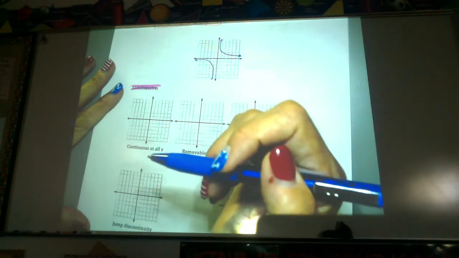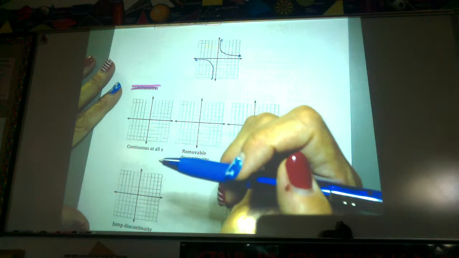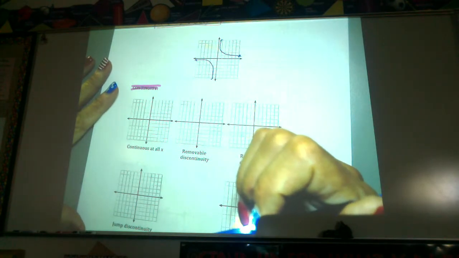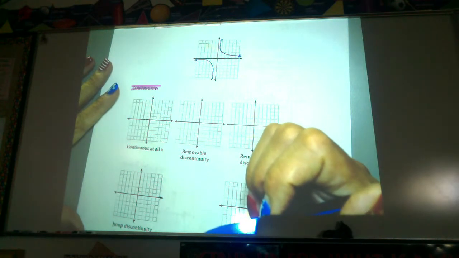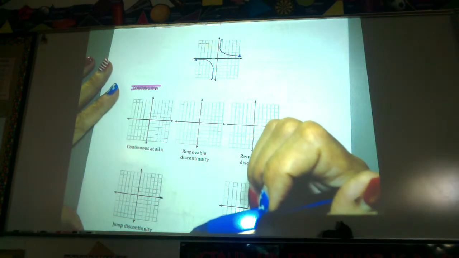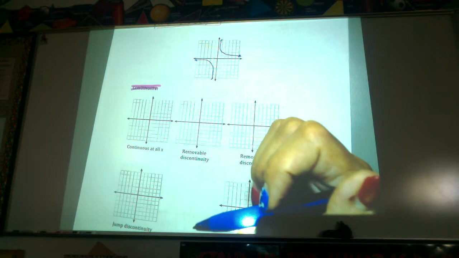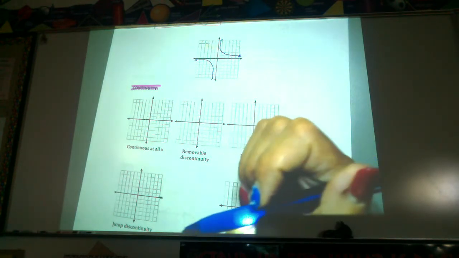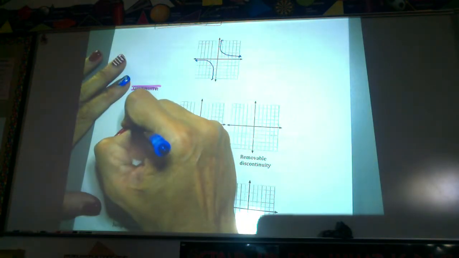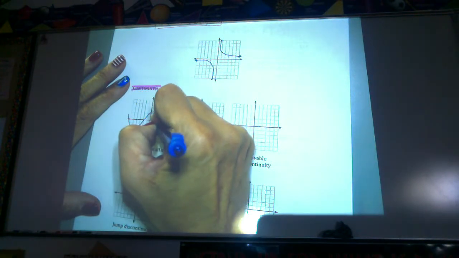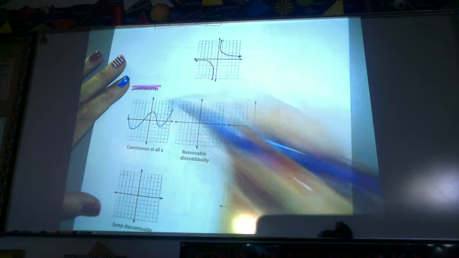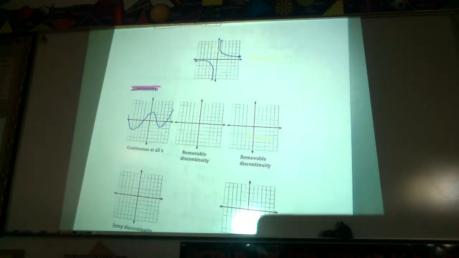For a function to be continuous, it has to be a curve. They're probably not going to give you a graph with straight lines in it, although I'll see what happens in the homework. I'd be surprised if they did. But draw the following. This is a graph that is continuous at all x.